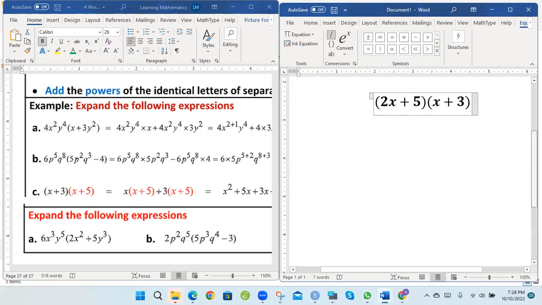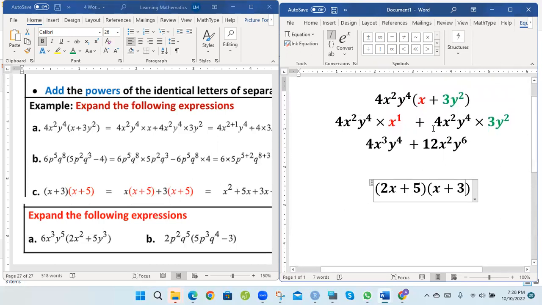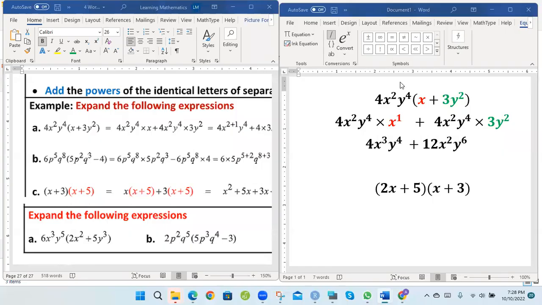Now, let us make reference to what we did a while ago. If you notice with this one, the 4x squared y to the 4, we took 4x squared y to the 4 and we multiplied twice. The whole 4x squared y to the 4, you can see it appeared twice.